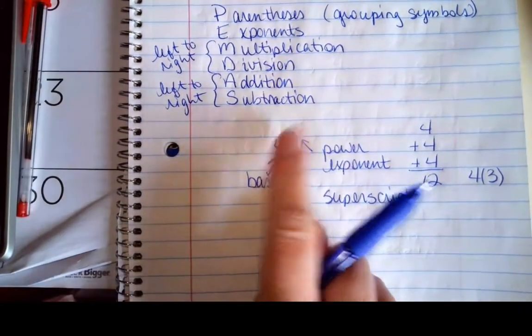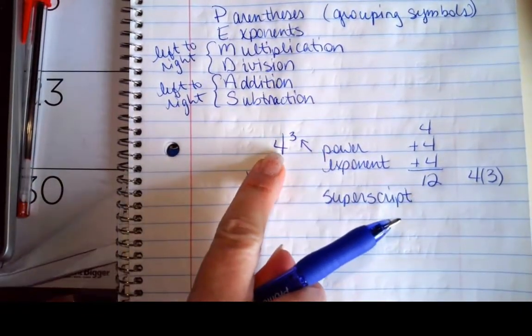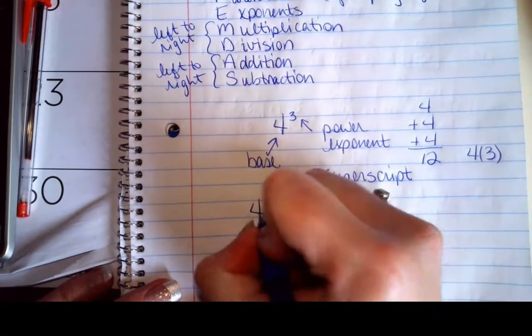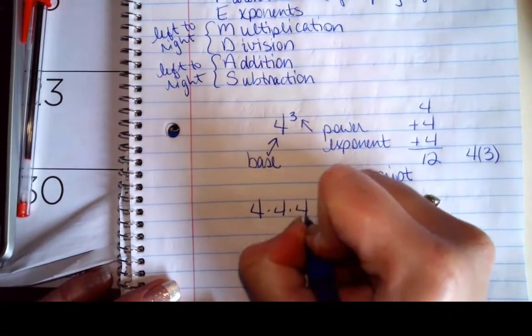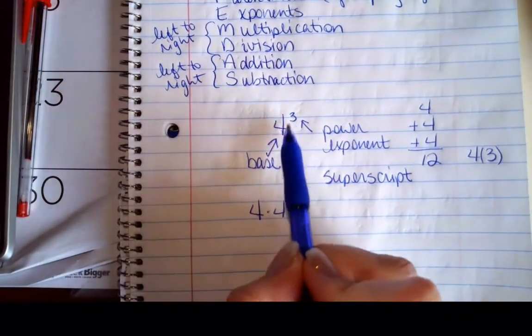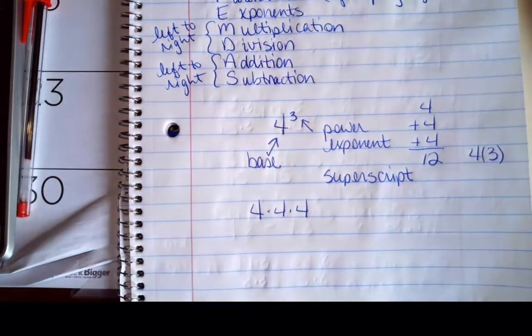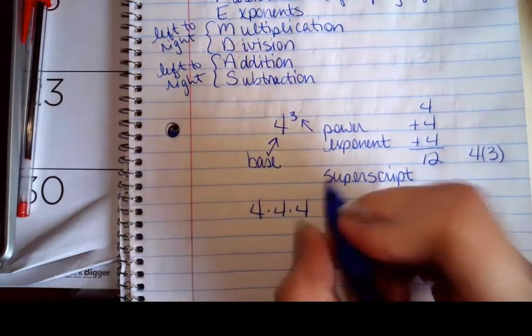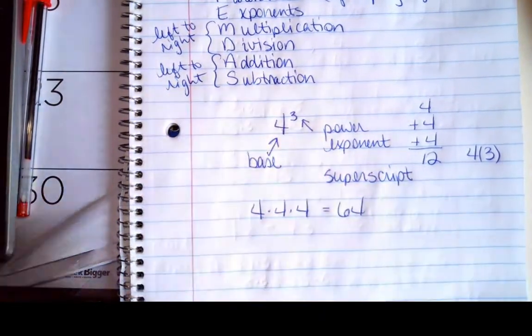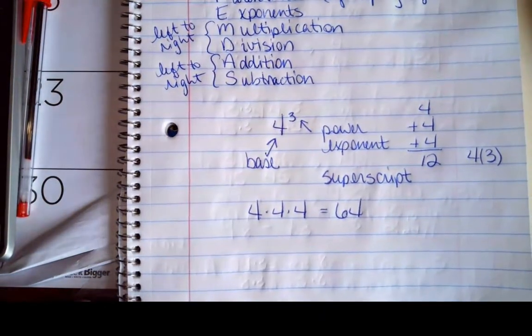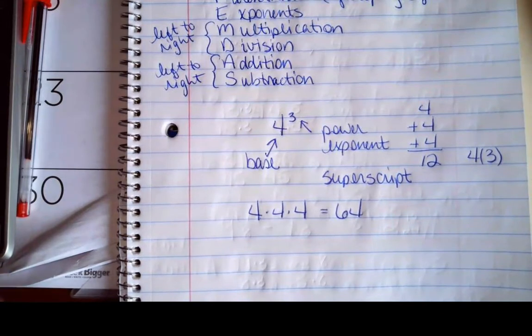And what it does is it tells you how many times to use that base as a factor. So I would say 4 times 4 times 4. So I'm going to use my base 3 times multiplied to itself. Okay? So it's repeated multiplication. So 4 times 4 times 4, I'm going to find out is 64. So that is the process that we are working with as we go through this.